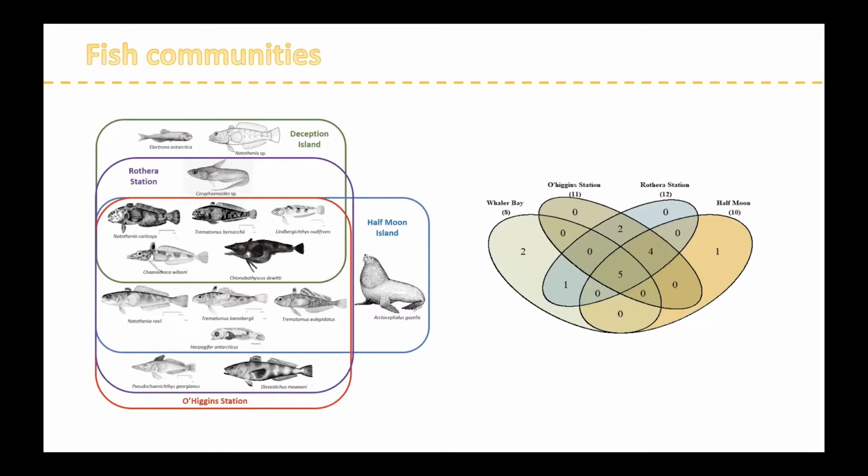Deception Island, the locality with fewer species recovered, was also the most different one, with 2 species found only here. Besides the fish community, we also recovered traces of the Antarctic fur seal, but only in Half Moon Island.